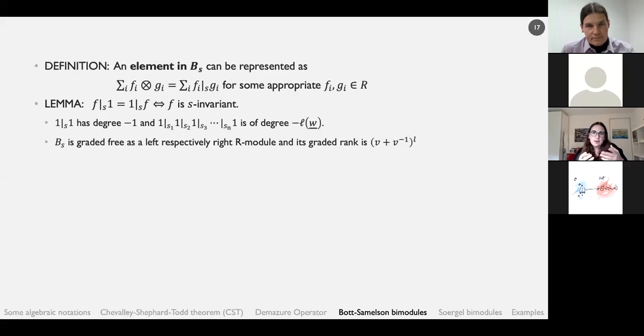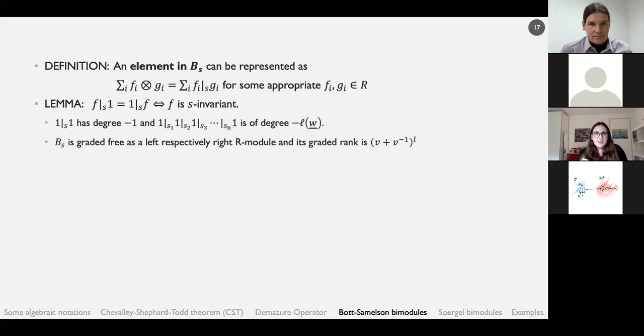We also use that sometimes, and the following identities hold true. f tensor 1 is equal to 1 tensor f if and only if f is s-invariant. And the module BS is graded free as left, respectively right R module, and its graded rank is v plus v to the power of -1.